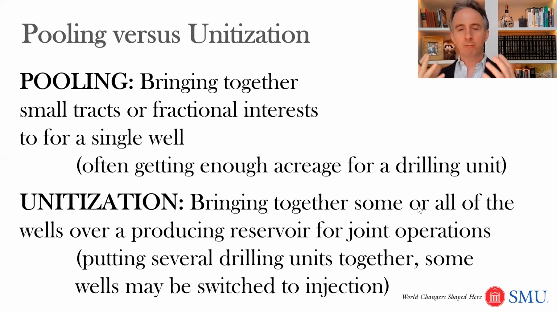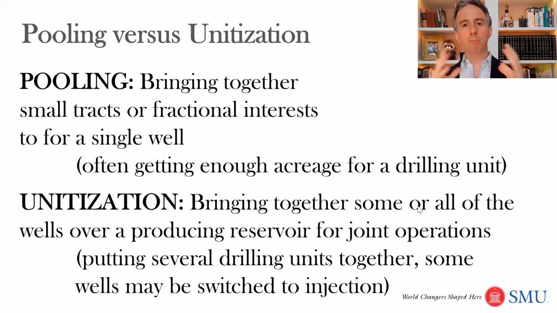The problem is, let's say you have 10,000 acres for a reservoir. How are you going to get all of those owners to all coordinate on doing one plan of production for all of it and agreeing how they're going to share it all? So unitization is very common in the international context, where you're talking about just a couple big oil companies that can negotiate with each other, but it is much rarer in the United States onshore, where it could be really hard to get all those owners together.